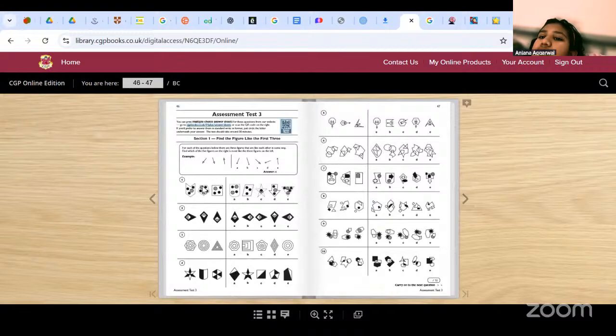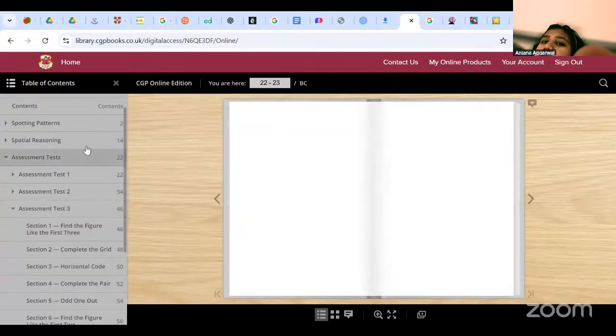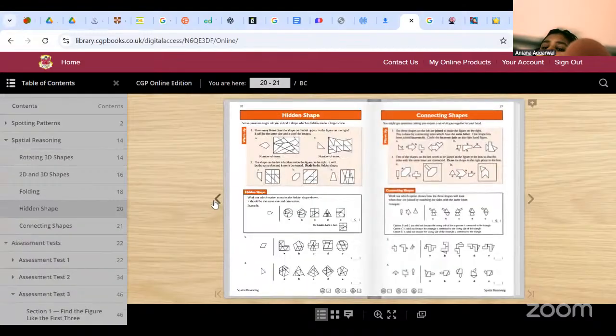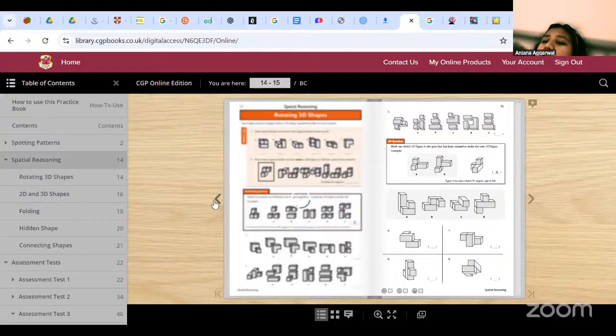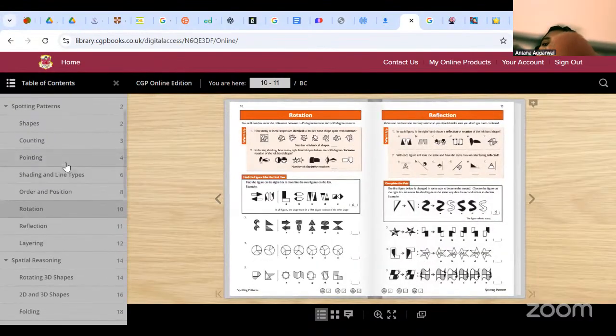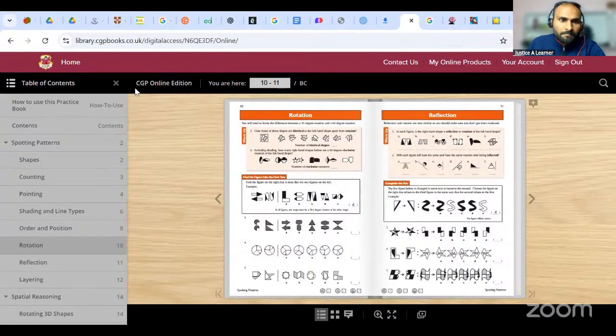Right. I think you've gone too far. It says test 3, page 19, I think. Page 19, yeah. Yeah, rotation. This one. Can I have the pen?